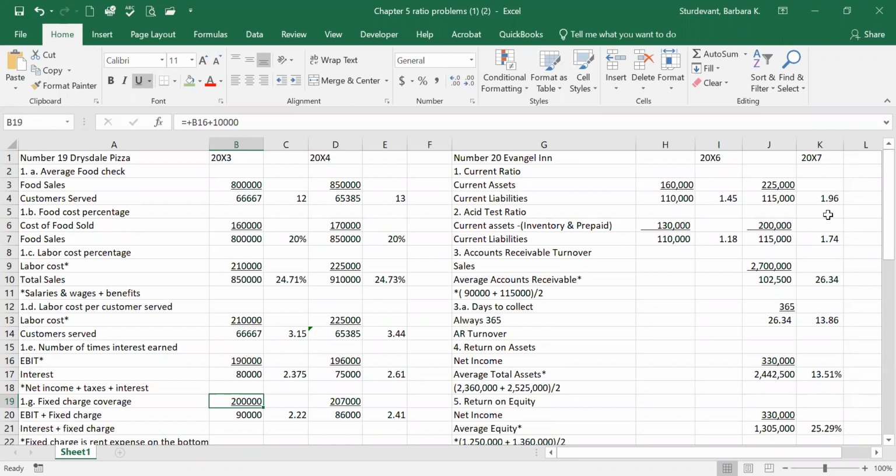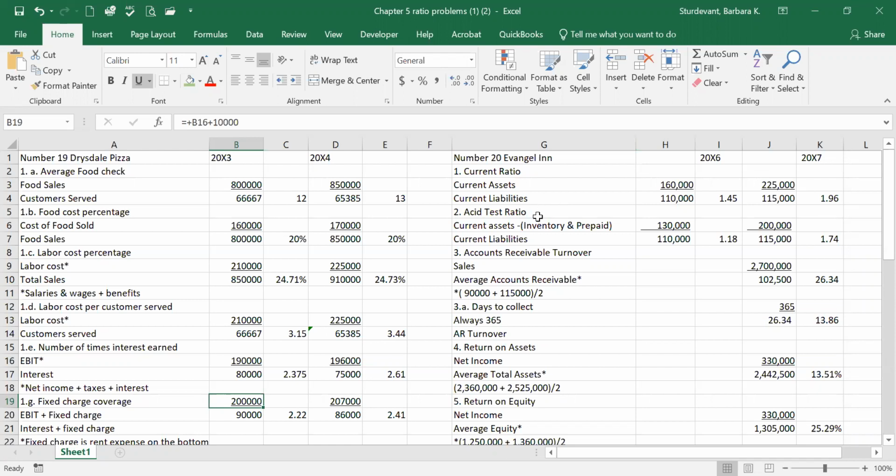They're your materials. They are your work in process. And they're your finished goods. So just dollar-wise, they're going to be pretty large. In this industry, your inventory is primarily just food. So that should not be very large.